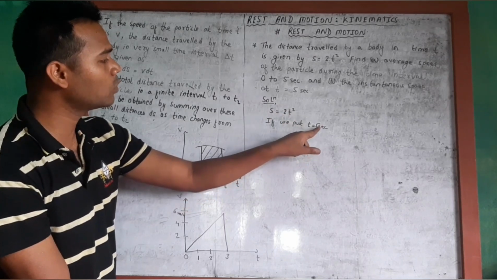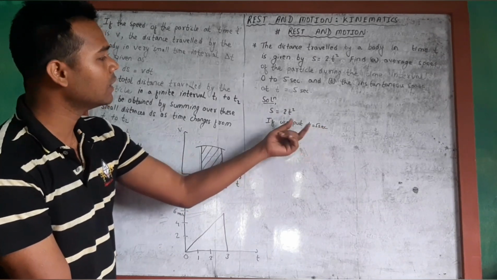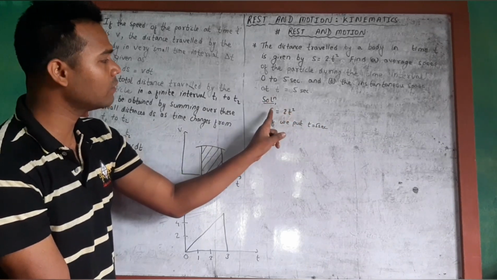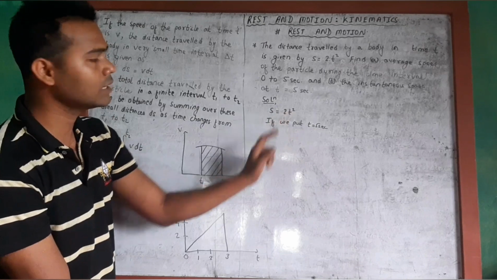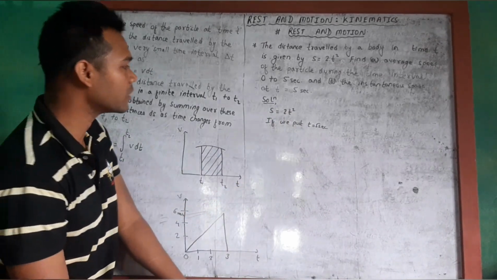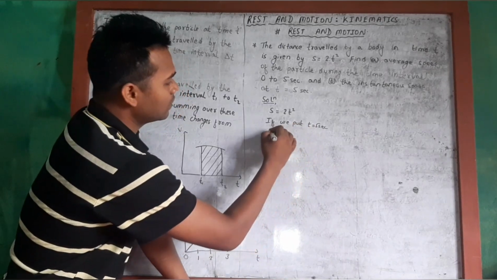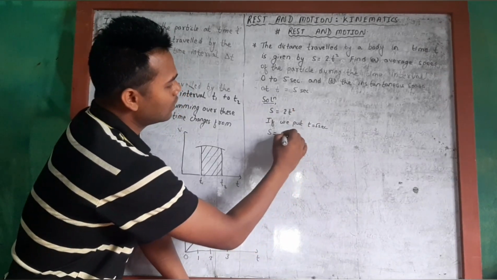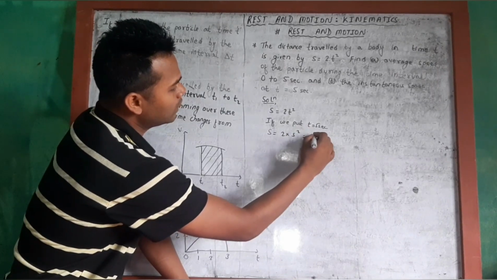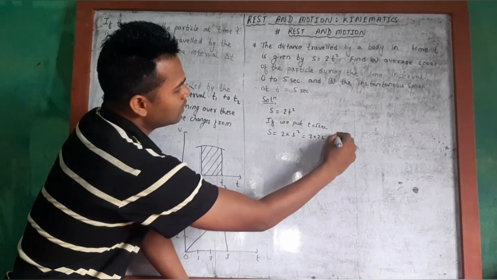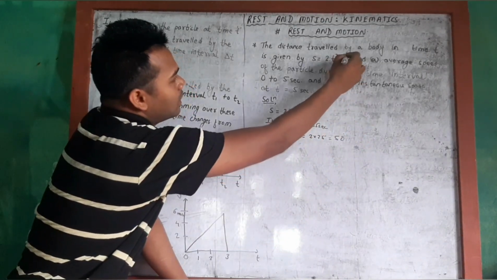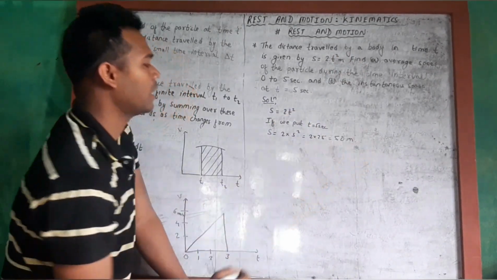So if we simply put t is equal to 5 seconds in this equation, it will give the total distance traveled by the object in 5 seconds. That's why s is equal to 2 into 5 squared, is equal to 2 into 25, is equal to 50. This is in meters, that's why 50 meters.